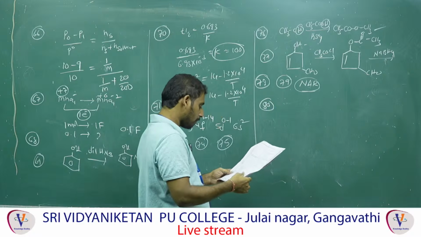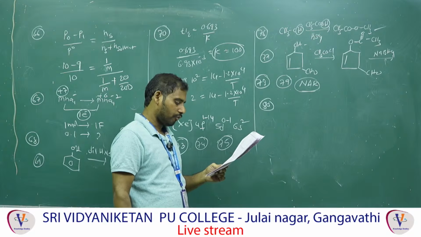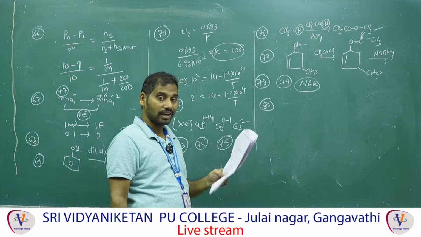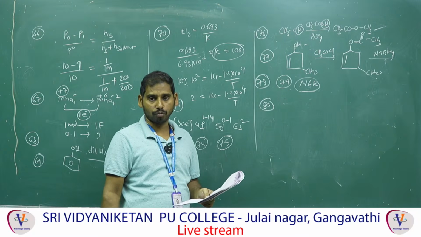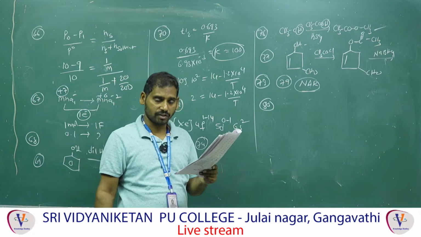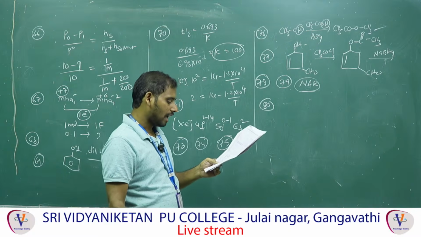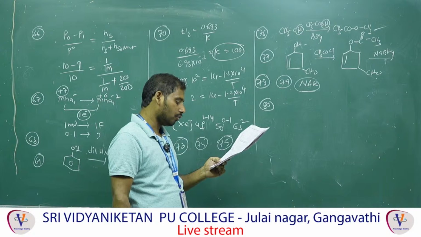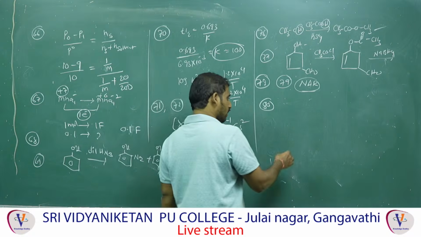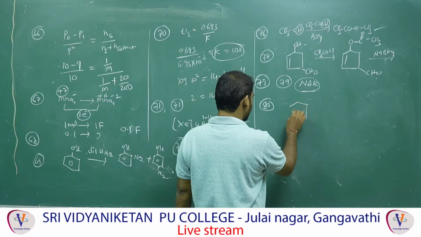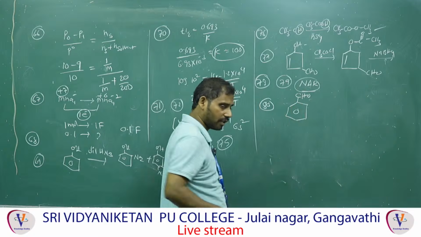Question number 80. An aromatic compound A with a given molecular formula, on vigorous oxidation, gives terephthalic acid. Terephthalic acid means 1, 4: first position and fourth position will be acid. Also, its 2,4-DNP derivative reduces Tollens reagent. Reducing Tollens reagent means it must be an aldehyde. Yes, it must be aldehyde. Okay, 7 carbons are there.